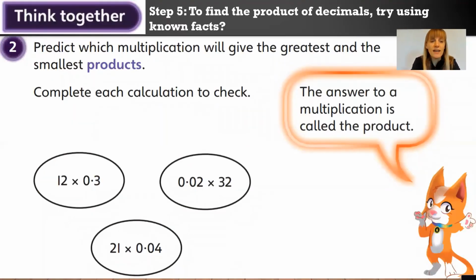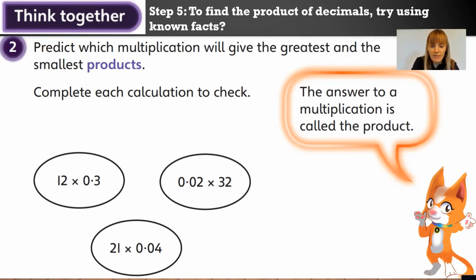Okay, so our second thing together today is going to be predicting which multiplication will give the greatest and the smallest products. Now, what is a product? A product is basically the answer to a multiplication question. So in order to decide which one gives the smallest product, we've got to complete each of these multiplications.